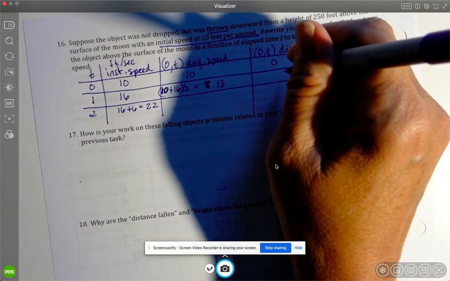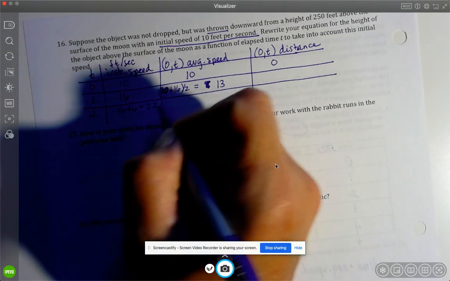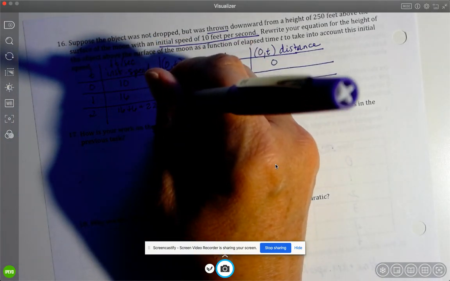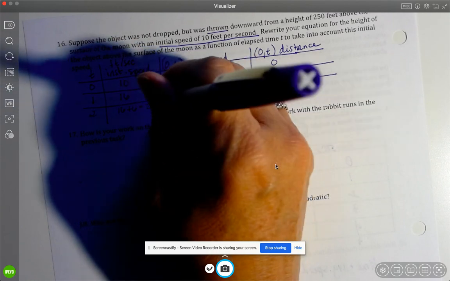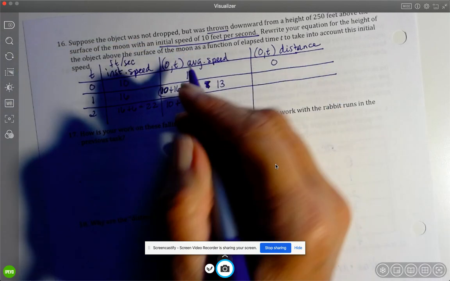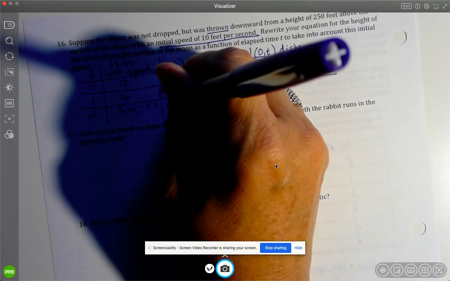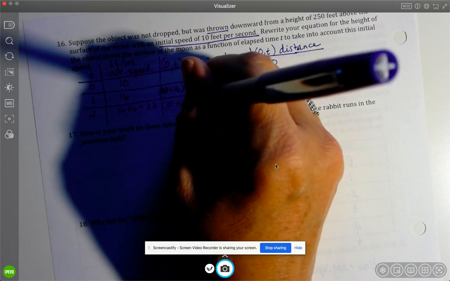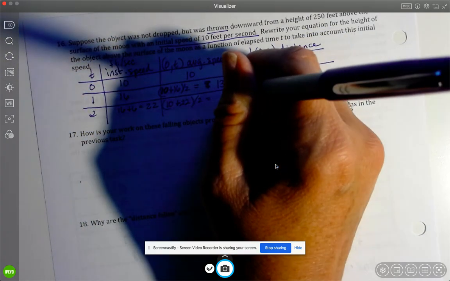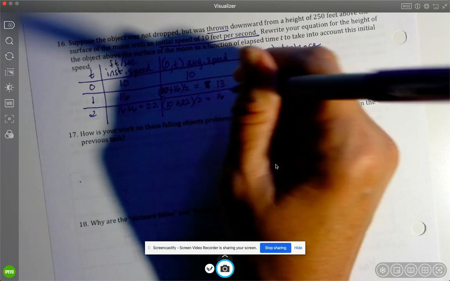And then 16 plus 6 is 22. So now remember, at 0 the speed was 10. The speed was 10 plus 22 over 2, is 16.